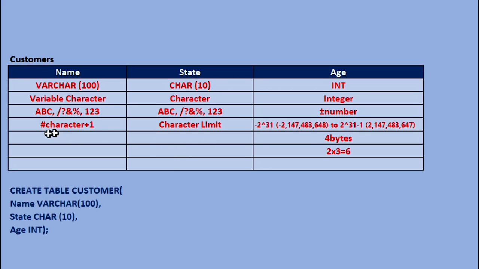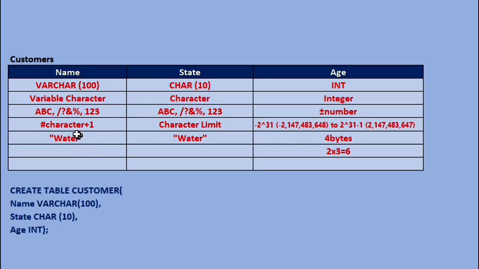Now, let me give you a couple of examples to help you better understand this concept. For example, we will keep the character limit as 100 for varchar and 10 for char. And then we will write a string like water on both sides. Now, let's see how this string will take up space in the memory.